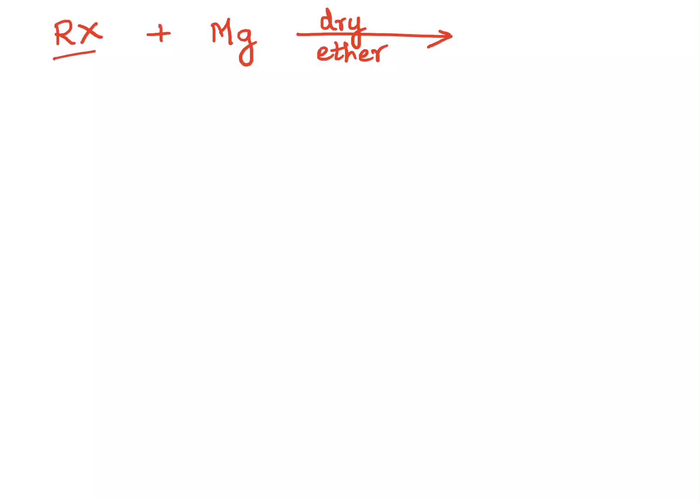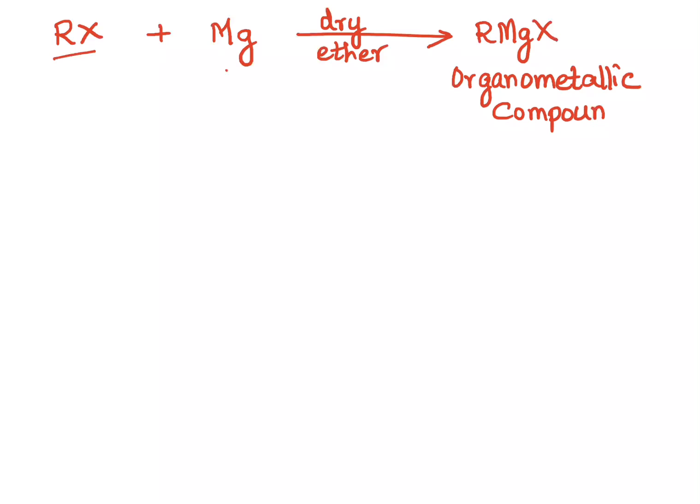Alkyl halides react with magnesium in dry ether to give us a very important class of compounds which are generally categorized as organometallic compounds. So if you notice, the word is organo, meaning organic, metal, compound.